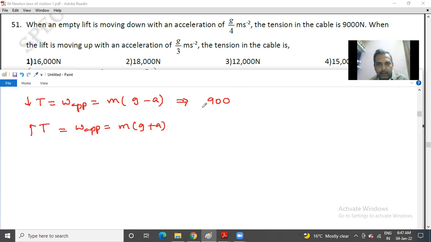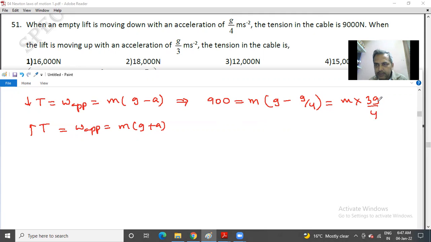Then first we need to find out the mass of the lift. So g is 10. Then m of g minus g by 4, so this is going to be 4g minus g, so m into 3g by 4.